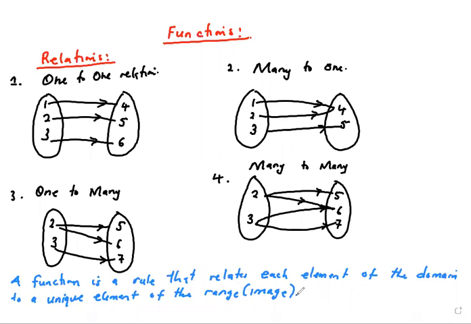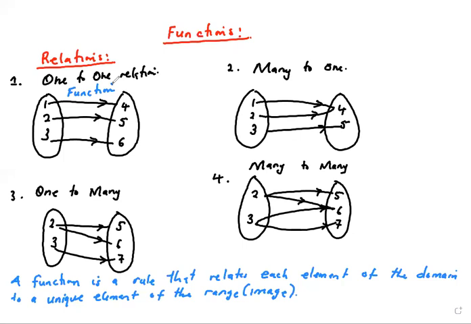Is 1 a function? You will notice that each element of the left-hand side of 1 goes to a unique element of the right-hand side. So that this guy is a function. 2, each element of the left goes to 1 element on the right.